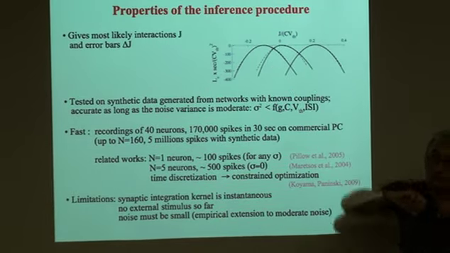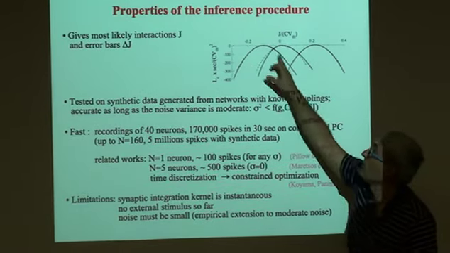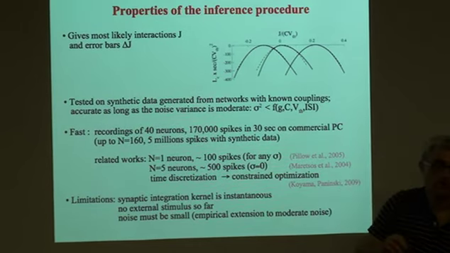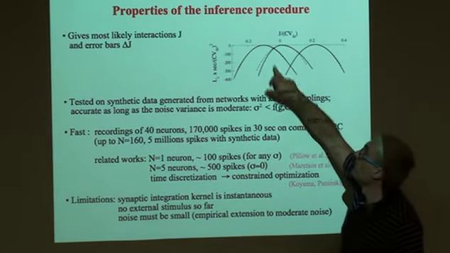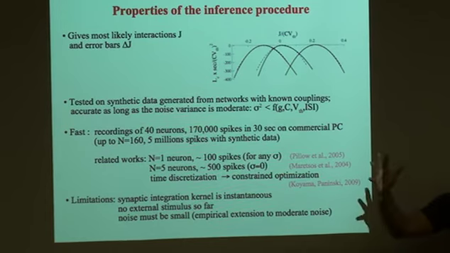So you get this curve, and what are the error bars in these estimates, which is important. You don't want to know only the value of interaction. You want to know the value of interaction plus or minus some error bar. This error bar will decrease, that means the curvature of this curve will get bigger and bigger if the number of data is bigger and bigger.